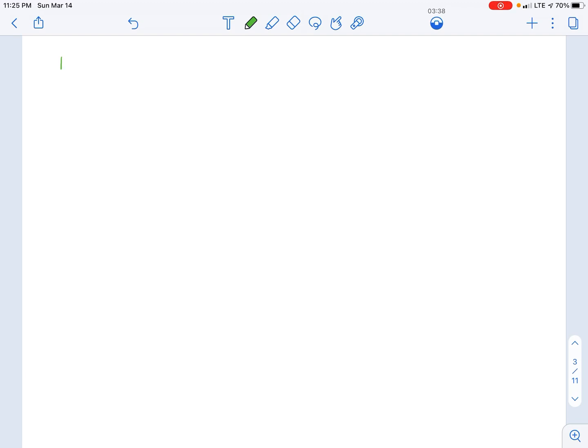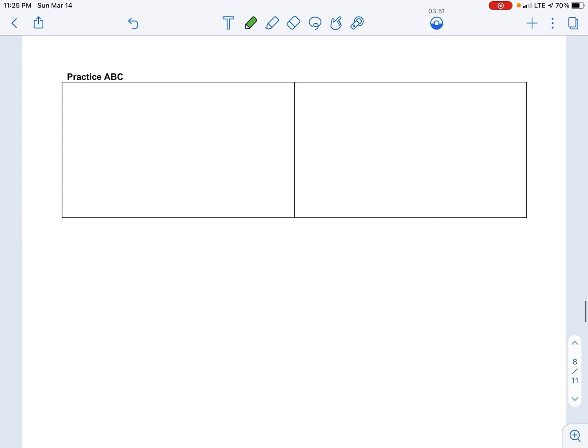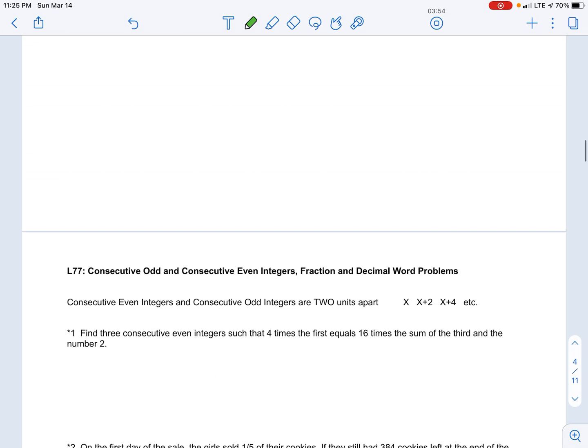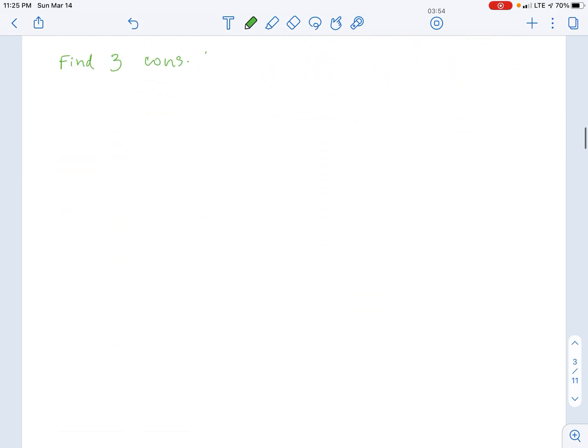Let's say we're to find, I'm going to write this in really quickly, 3 consecutive integers. I'm sorry, consecutive even integers. Let's put the word even in here. It scrolled down on me. Sorry, guys. There we go. Consecutive even integers.